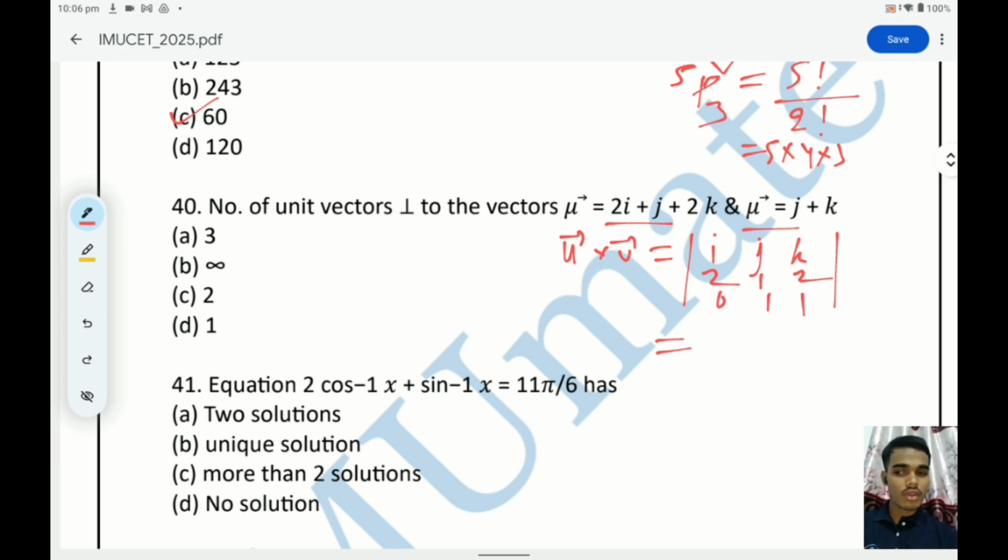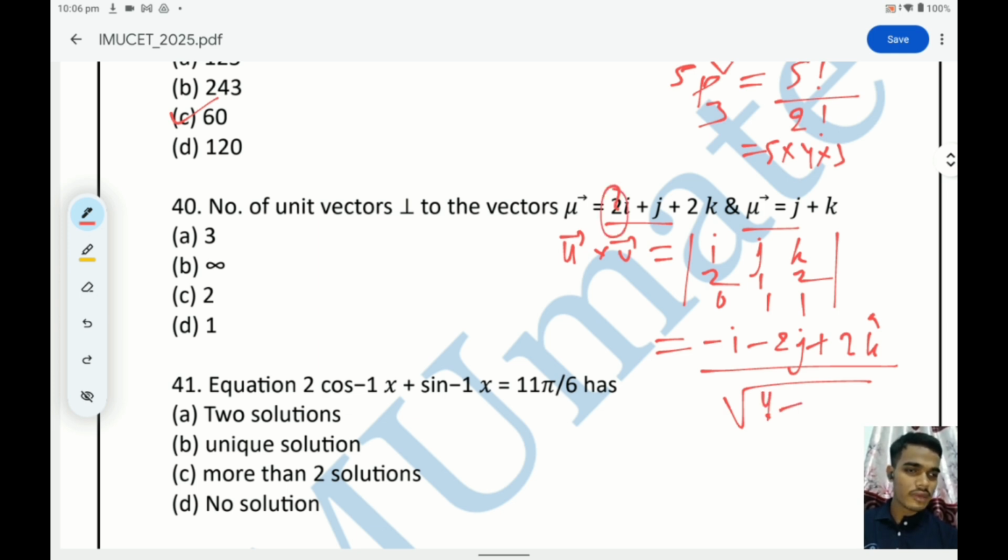If we solve it, we will get minus i minus 2j plus 2k, and to find its unit vector we will divide it by the square root of the sum of squares of these values, that is 1 plus 4 plus 4. Because of the square root, our value will be both plus and minus, so we will get 2 unit vectors perpendicular. Our question is about the number of unit vectors, so option C will be the right answer.